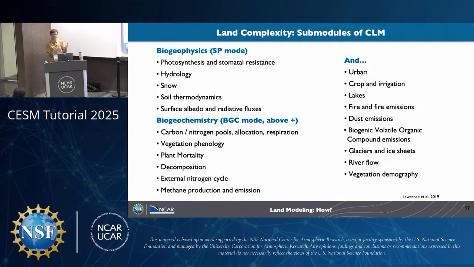We're telling the plants when, where, and how many leaves they have, so you're not going to have to worry about the Sahel not greening up because of precipitation biases in the model. We're going to make the Sahel green whether or not it should be. So running with SP mode is nice, and it's the simplest way that you can run CLM or CESM.